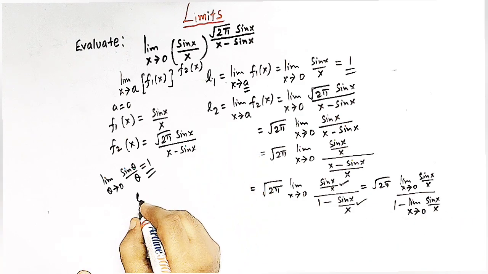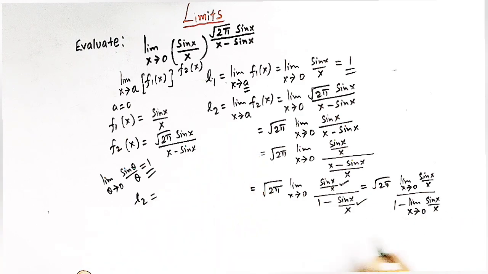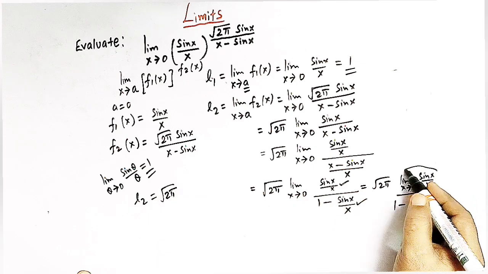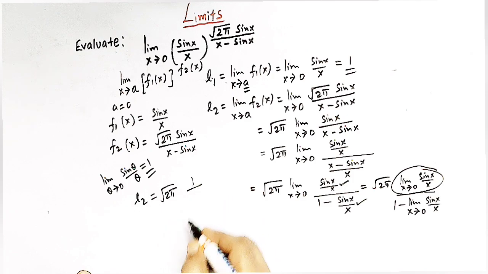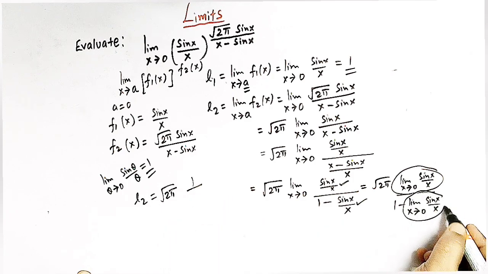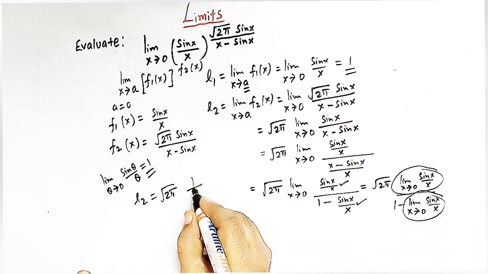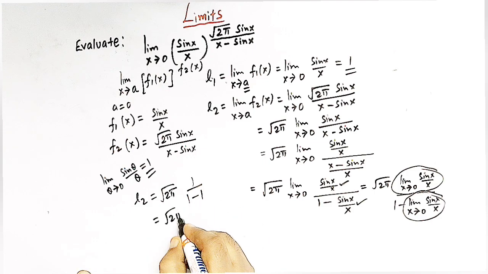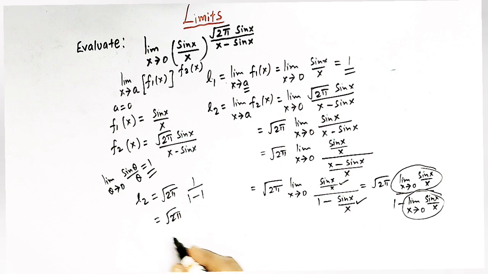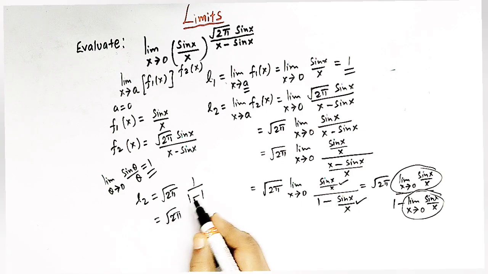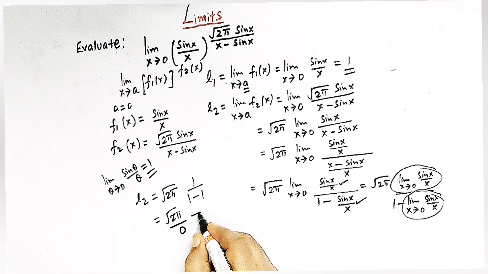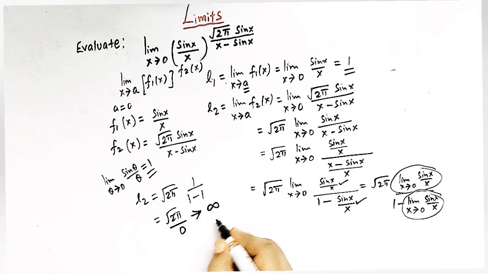So now the value of the limit L2 is given by square root of 2 pi, and this limit is 1, and this limit is also equal to 1. So we have 1 over 1 minus 1. So this is square root of 2 pi, and here we have 1 minus 1, which is 0. So this limit tends to infinity or not defined, right?